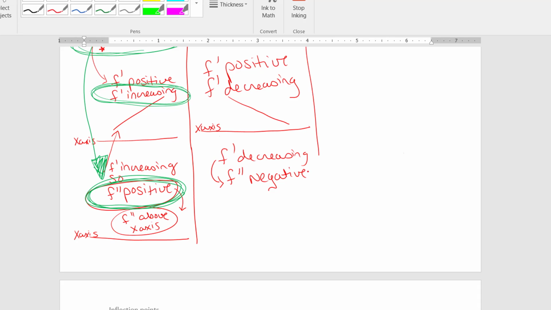F prime is decreasing, so f prime's slopes are negative. If I were to draw the graph of f double prime, here's the x-axis, I know f double prime is below the x-axis.